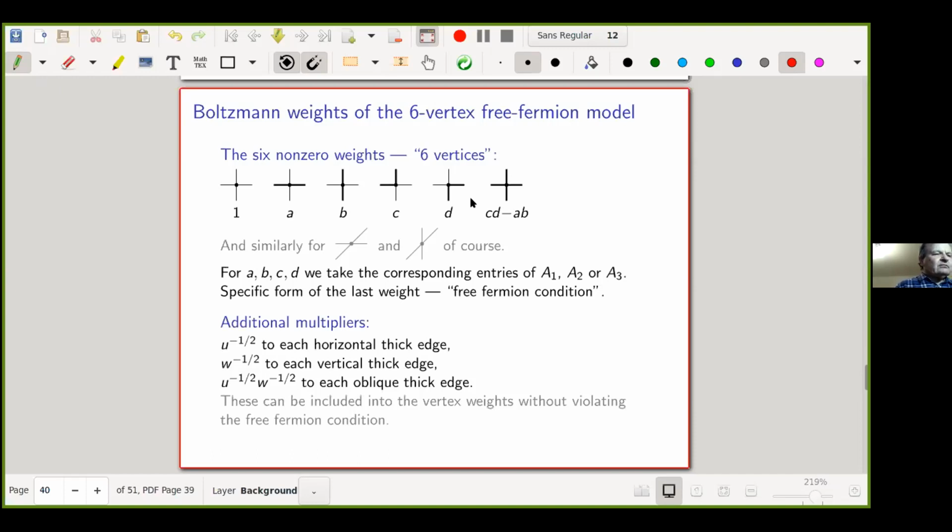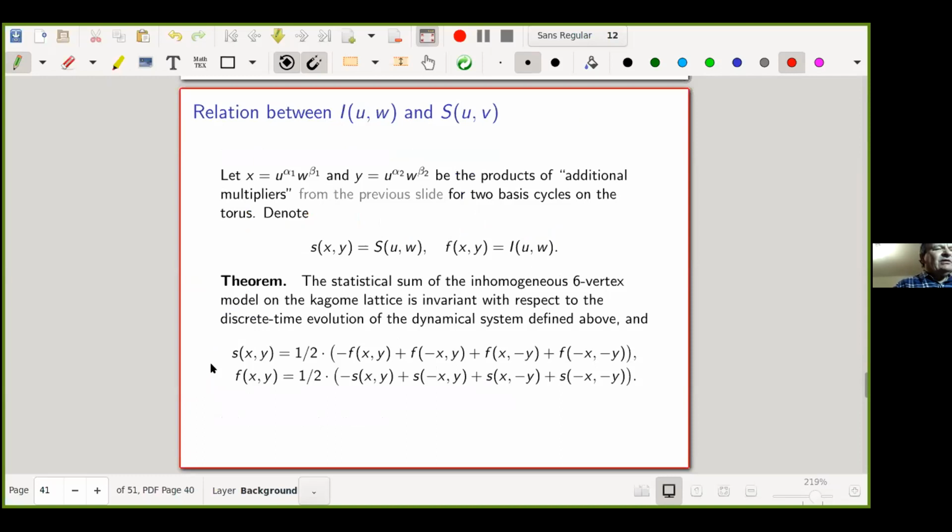So you must do something for these multipliers U and W. Just multiply all these things by something like here, and you will obtain that statistical sum or partition function that is almost the same as my already written family of integrals of motion.